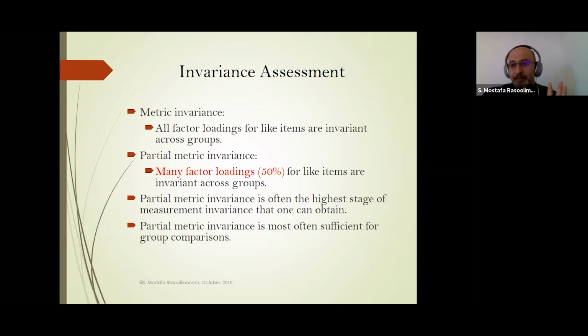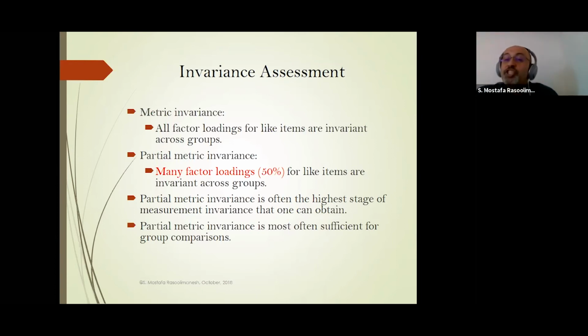So loadings, weights, and other criteria for the first group and second group should not be significantly different. Why? Because we want to compare path coefficients.